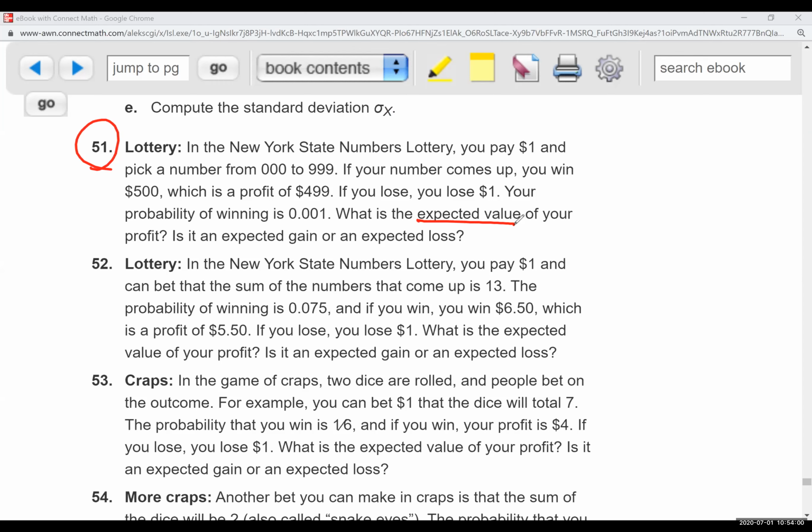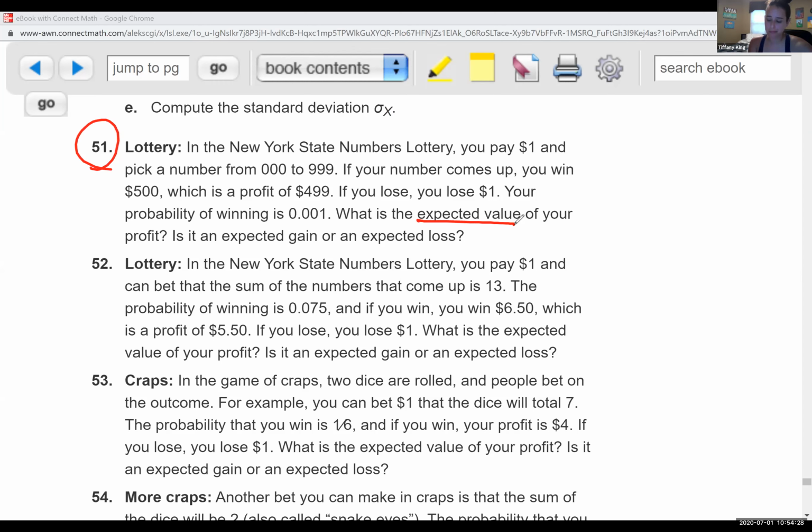Anyone? Is it an expected gain or an expected loss? A loss. Of what? Is it 0.5?